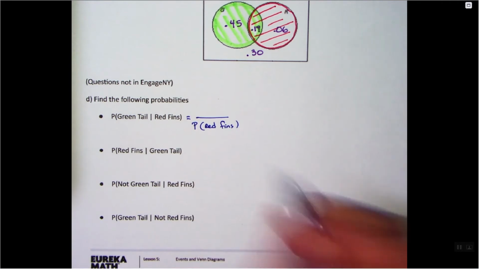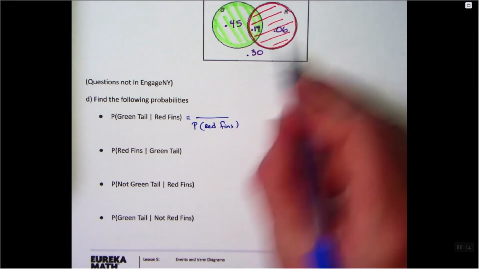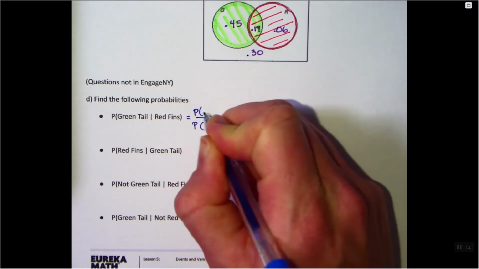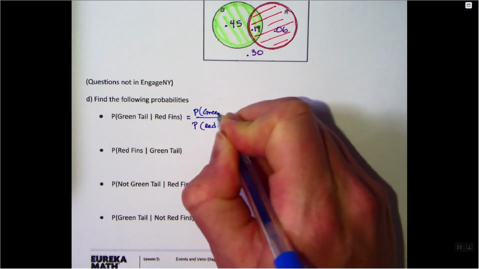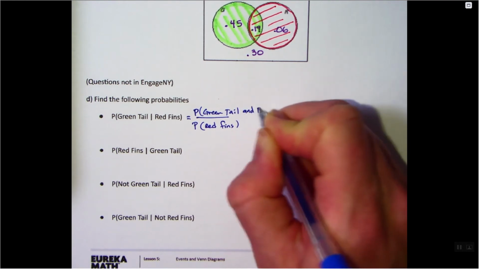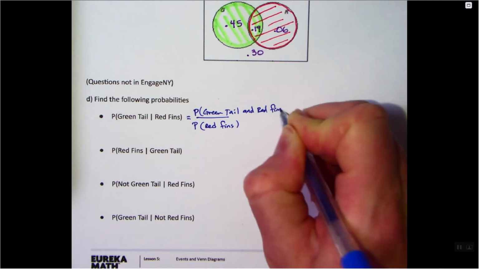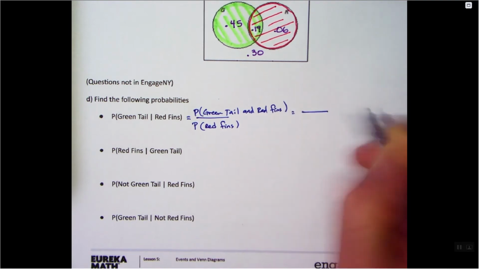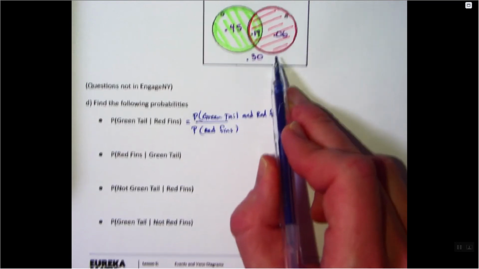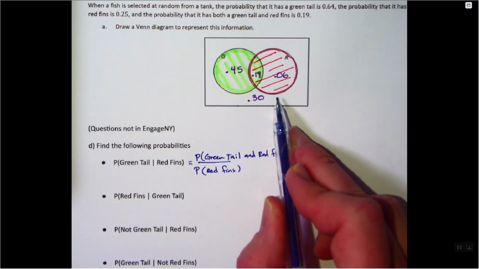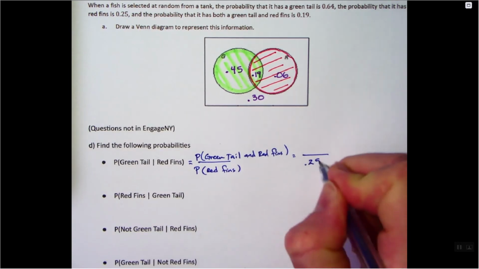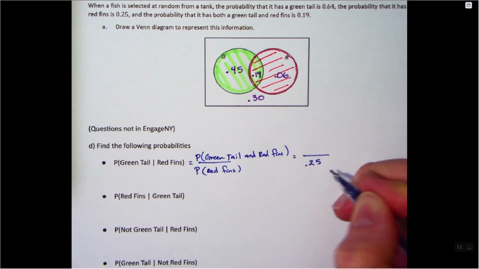So again, I'm looking only at the probability that it has red fins. Okay, and out of those that have red fins, this red circle, what's the chance that it also has a green tail? Probability of green tail and red fins. Okay, now those with red fins, that's everything in the red circle. So I'm looking up here actually at the 0.25. There's a 0.25 chance that it has red fins.